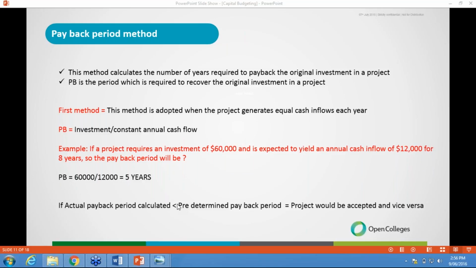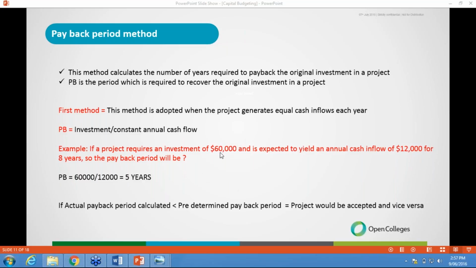I will give you one example that will tell you the meaning of this concept. For example, if a project or a machine has a value of $60,000, and you are expecting a cash inflow, when you start using this machine, there will be some inflows in your business. For example, 12,000. Every year you will get 12,000 from using that machine.